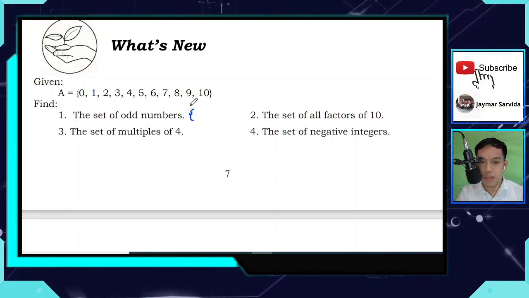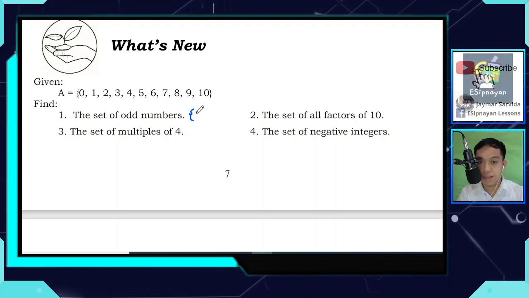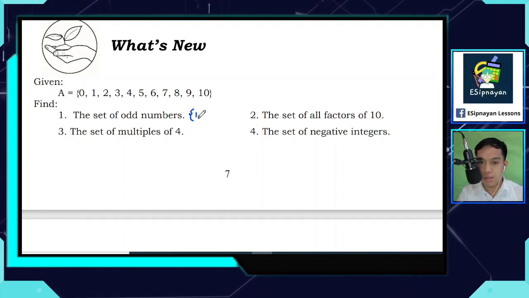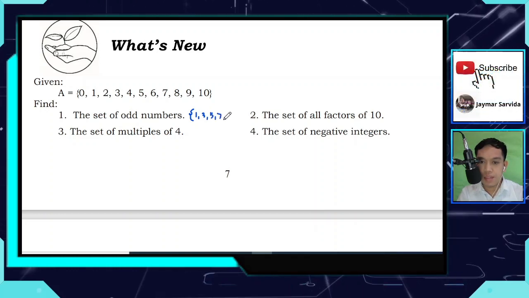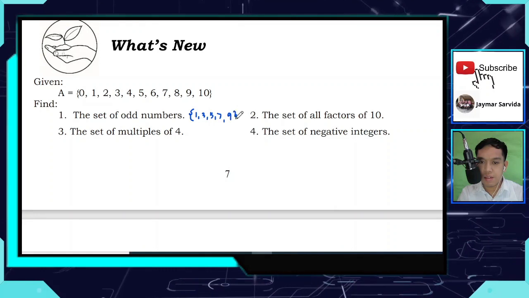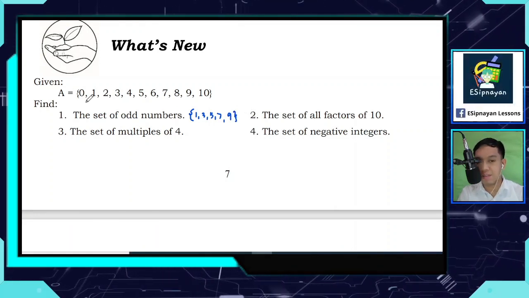Okay, so yan ay set of odd numbers. So including na yung 1, 3, 5, 7, and 9. Okay, so ito yung ating set of odd numbers dito sa ating given.